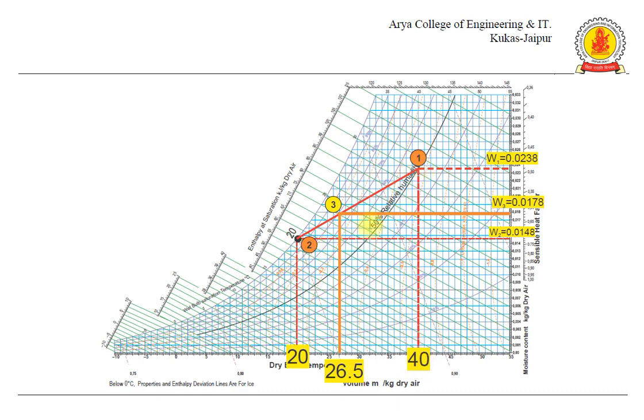This is the 50% RH line. This is dry bulb temperature 40 degrees. I have highlighted it. So we can get other values like W1 as 0.0238.